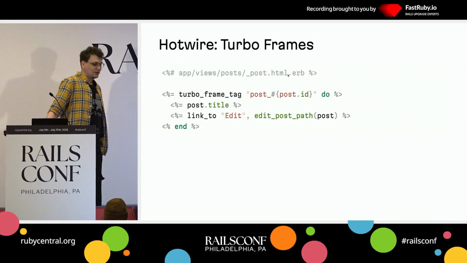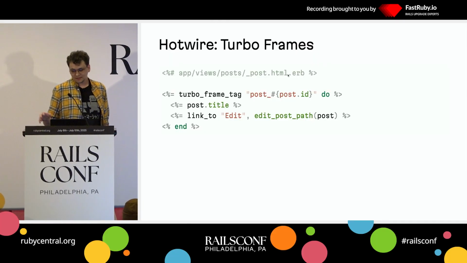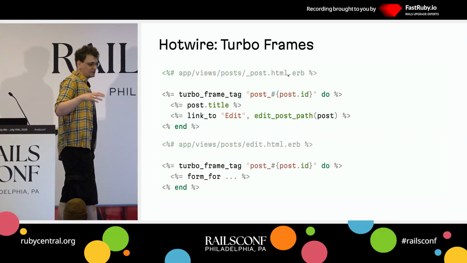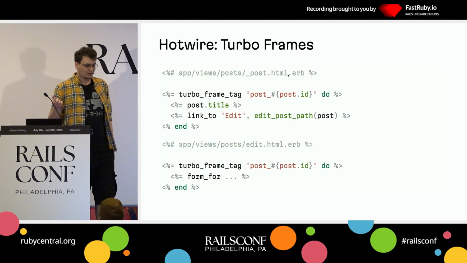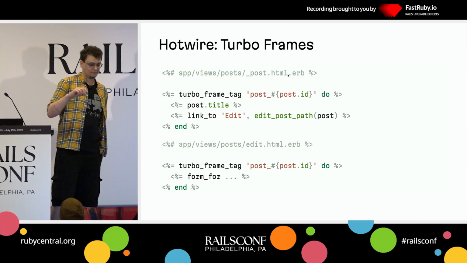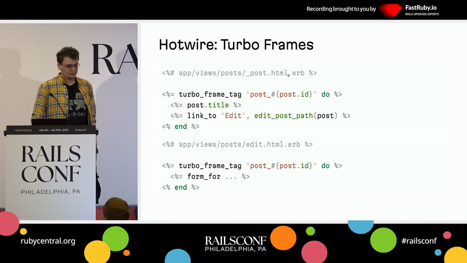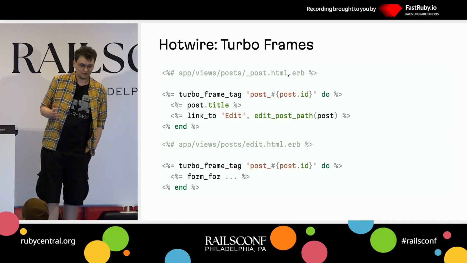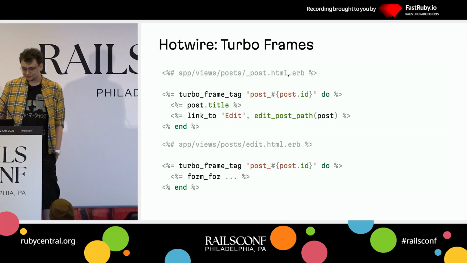The main idea behind Hotwire is to split pages into small parts called turbo frames, and that allows you to replace parts of the page with new content without a full page reload. For example, here you can replace the post line with the form using the same post ID tag. And that might seem like a paradigm shift, but it's actually a natural evolution of the ideas from 2005.